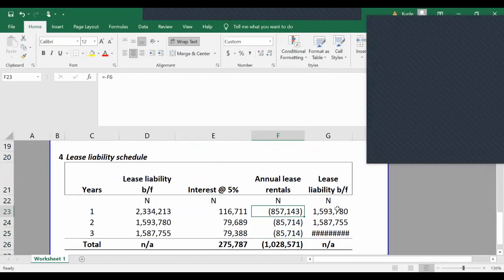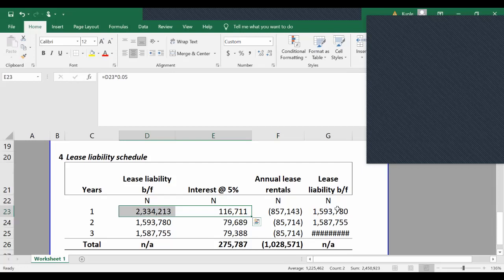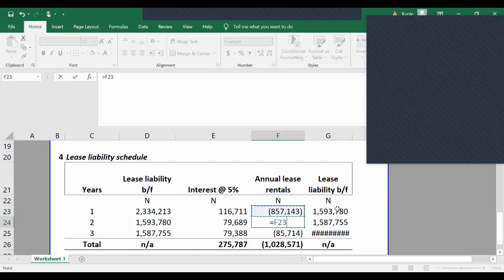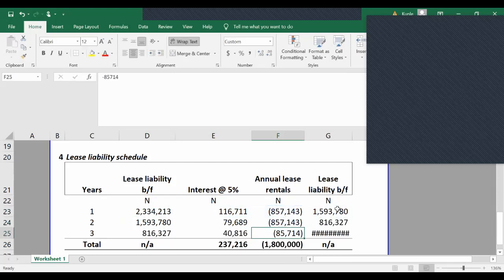So if you add the interest to the principal and remove the payment you have made, you will have a balance of 1.5. That 1.5 will be brought forward as the outstanding in year 2, right? 5% of 1.5 will give you 79, out of which you will now make another annual payment of 857.